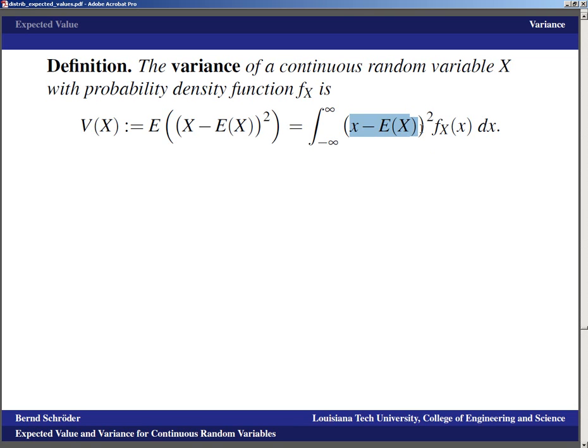It turns out that squaring this deviation certainly also erases the negative signs, but leads to something that is easier to compute with than the corresponding integral that we could have had if we had taken the absolute value here.